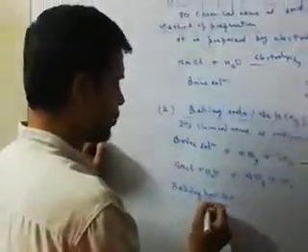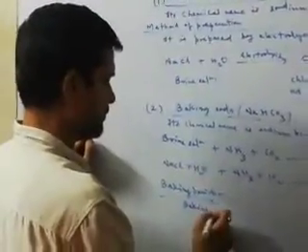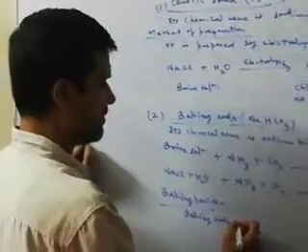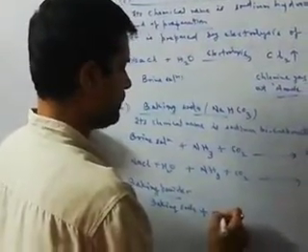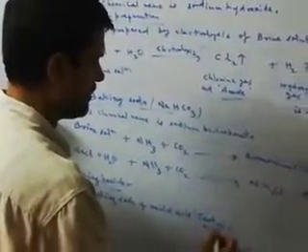Actually, when baking soda is added with a mild acid, like tartaric acid, then we obtain baking powder.